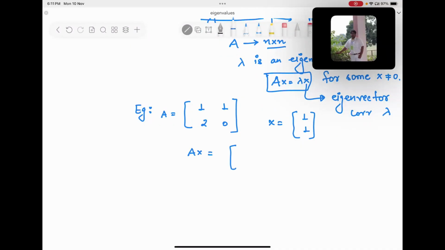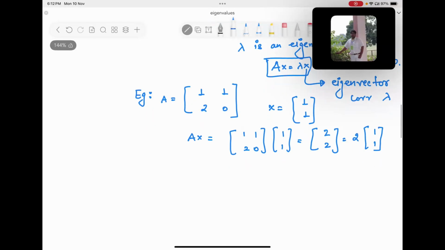It is 1, 1, 2, 0 times 1, 1. So it will be 2, 2. Taking 2 as common, it is 2 times 1, 1. So both these x are the same. If you take lambda equals 2, then 2 is an eigenvalue for the matrix A.